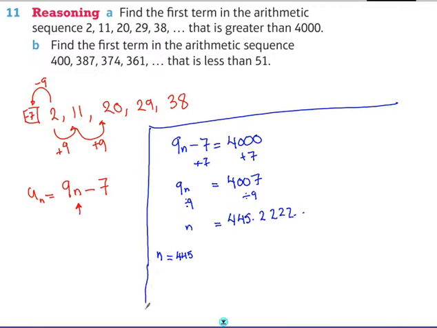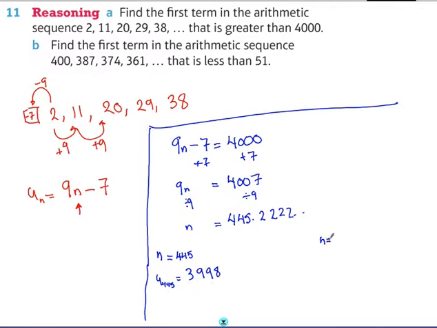And if we substitute 445 into our formula, it'll be 9 times 445, subtract 7, gives us, so u_445 because it's the 445th position, gives us 3,998. So the 445th position is 3,998.